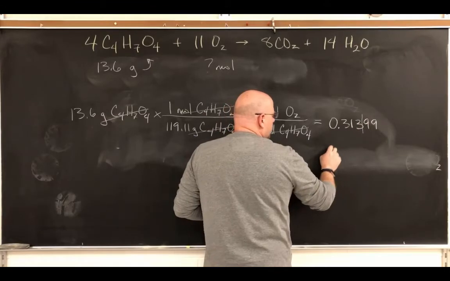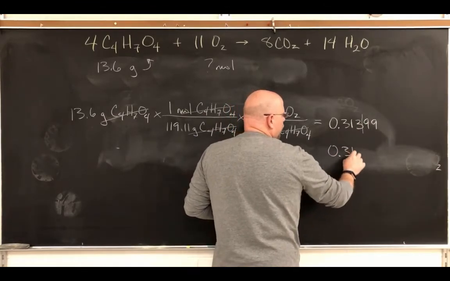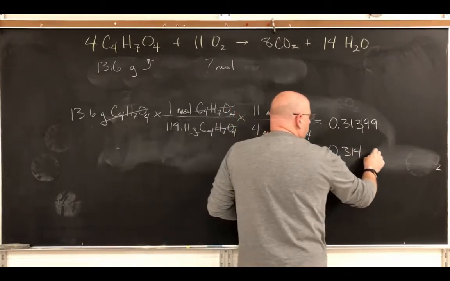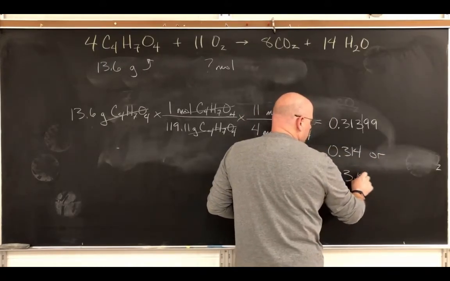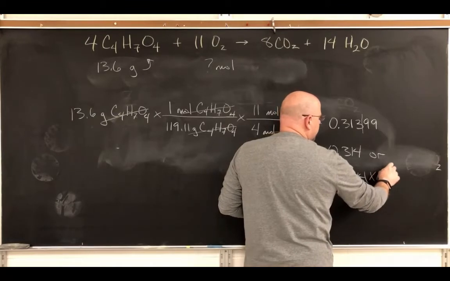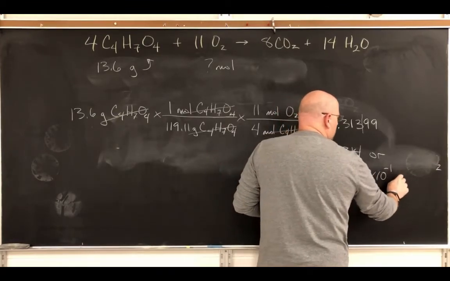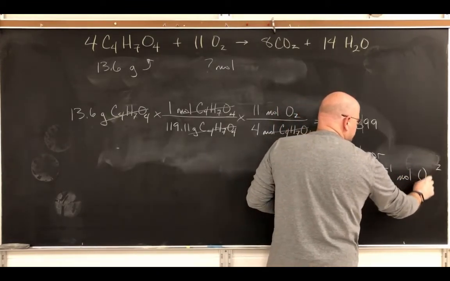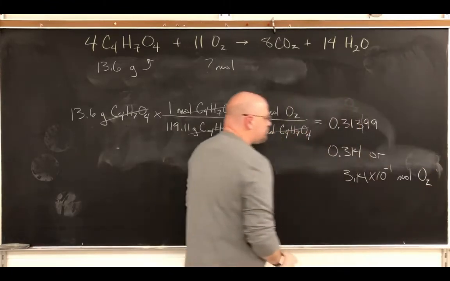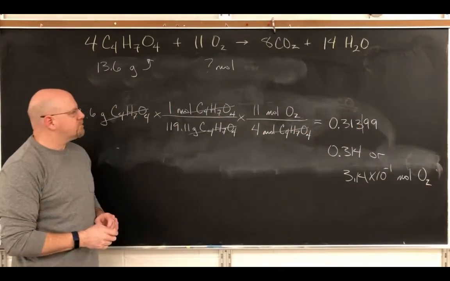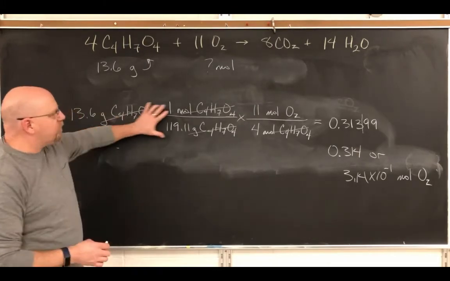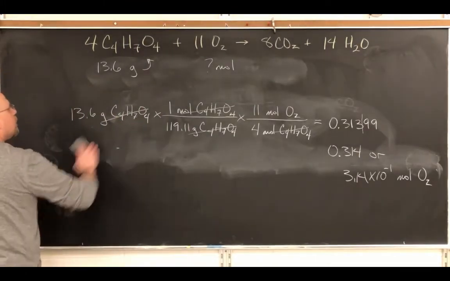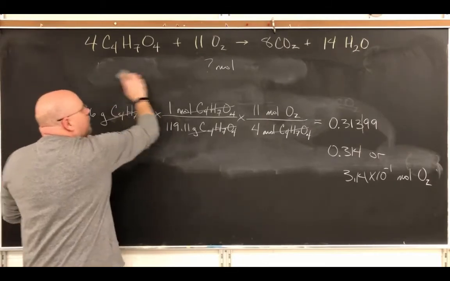So our answer is going to be 0.0314 or 3.14 times 10 to the negative first moles of oxygen. I think we've got room. I'm going to leave this work here and fit the next problem up.